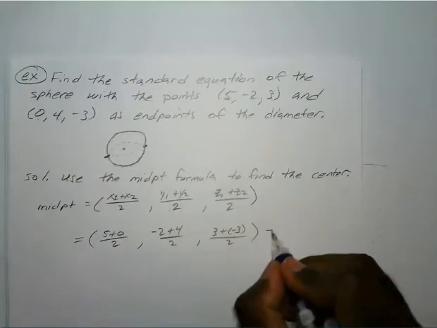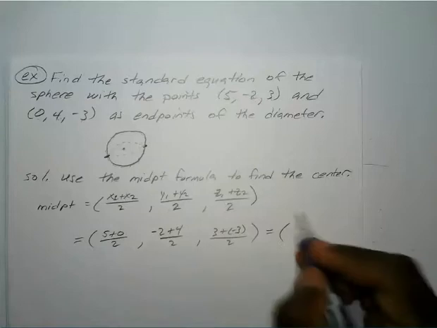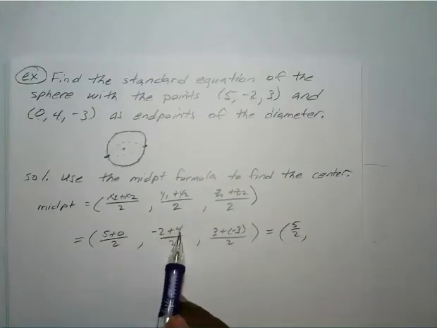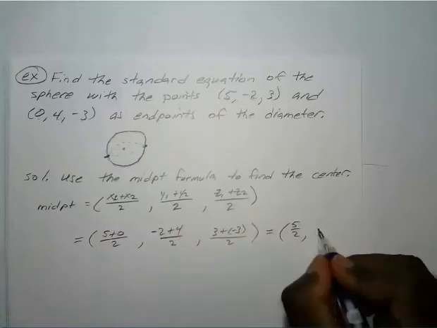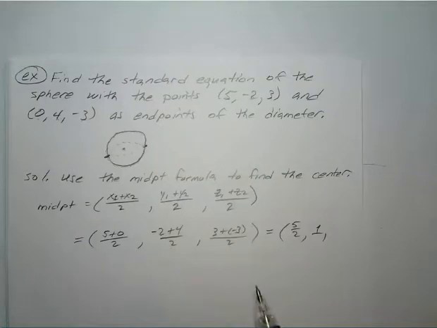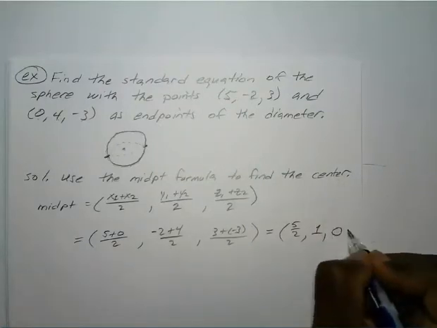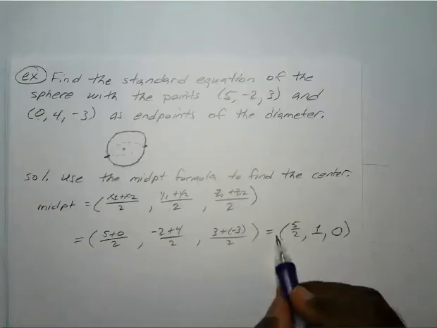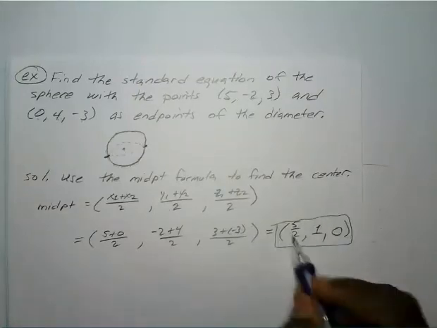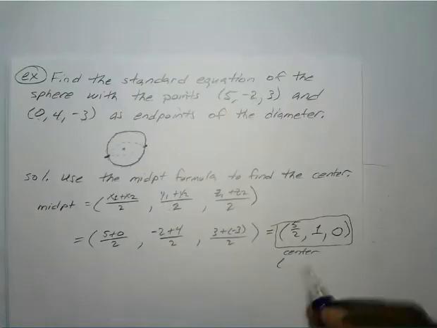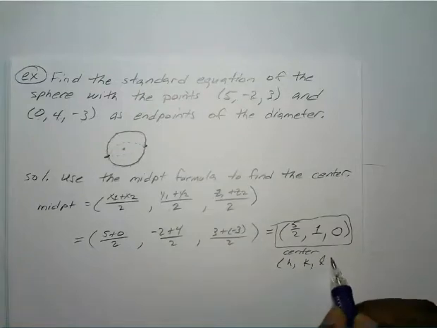Okay, so if we simplify that, we end up with 5 over 2. -2 plus 4 is 2, and 2 divided by 2 is 1. 3 plus -3 is 0, and 0 divided by 2 is 0. Okay, so this is actually your center, which means this is your h, your k, and your l.